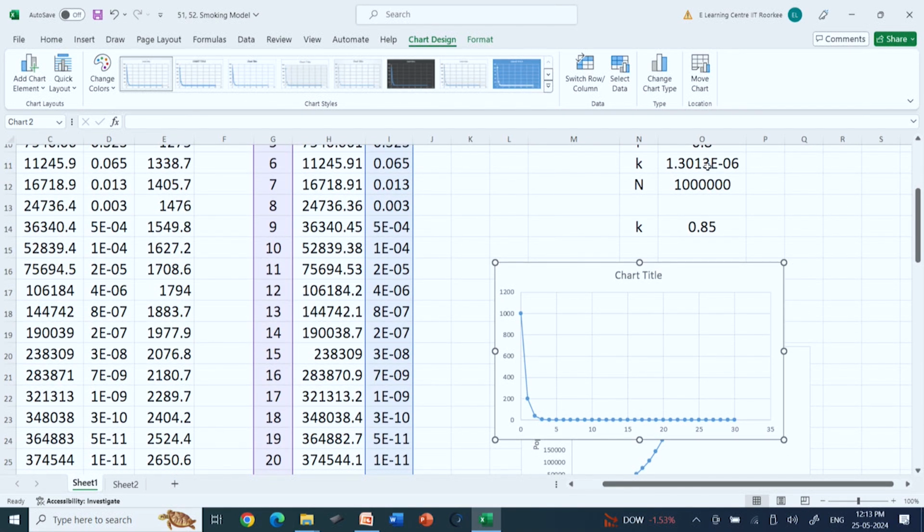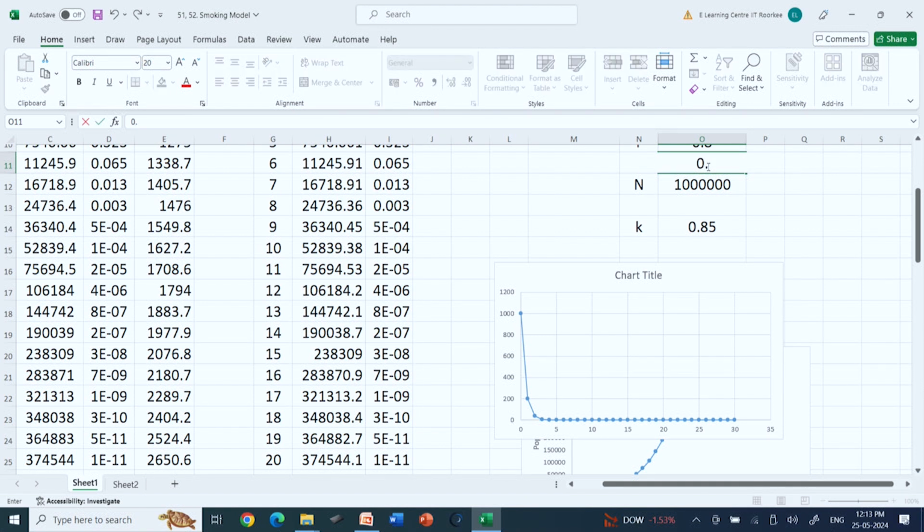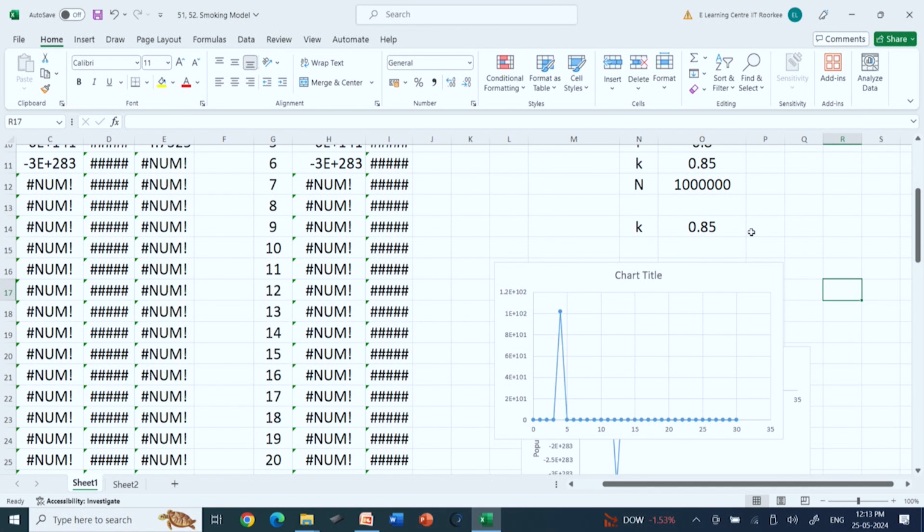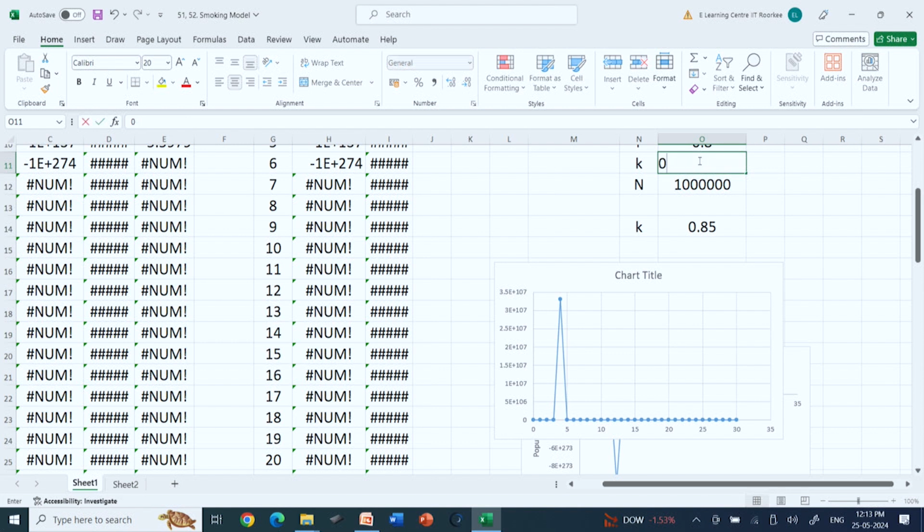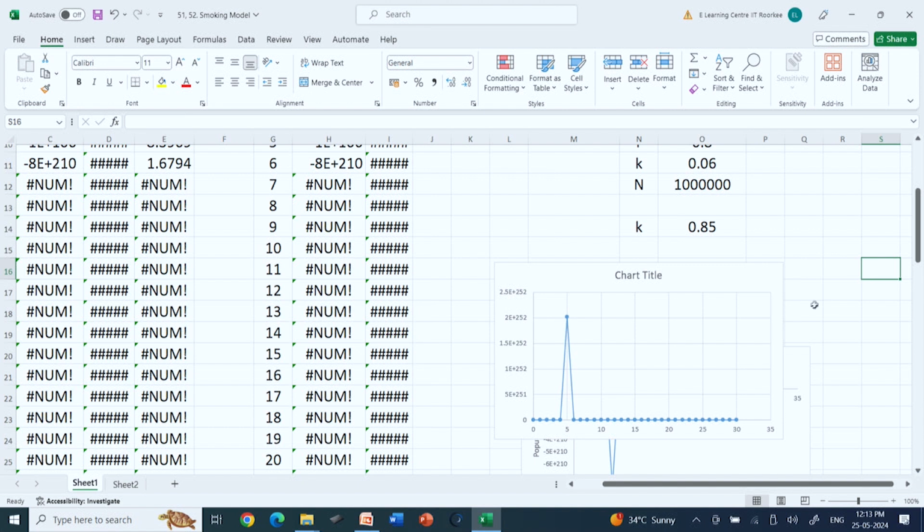Suppose I put this as 0.85, let us see what happens. Okay, something weird happens. So 0.6, nothing much, 0.06, 0.